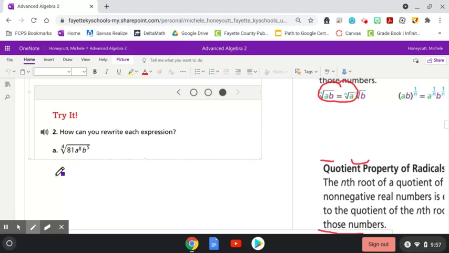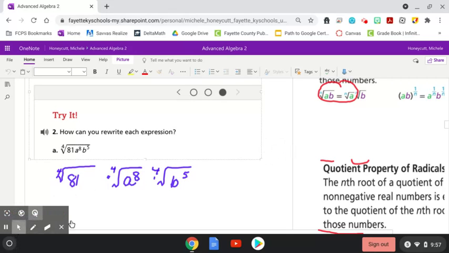So I can split that up into the fourth root of 81 times the fourth root of a to the 8th times the fourth root of b to the 5th. And then I'll evaluate each one individually and then put them all back together as I can.